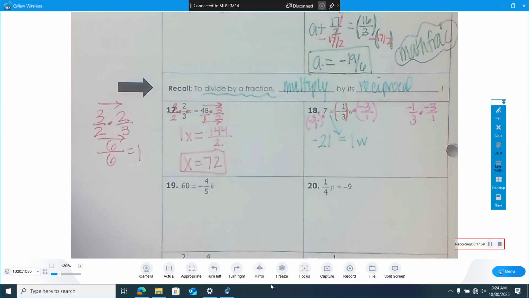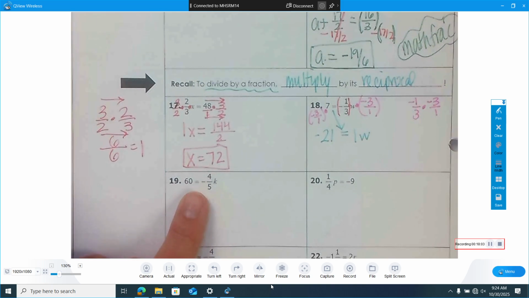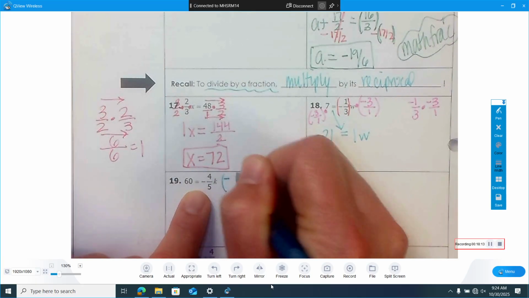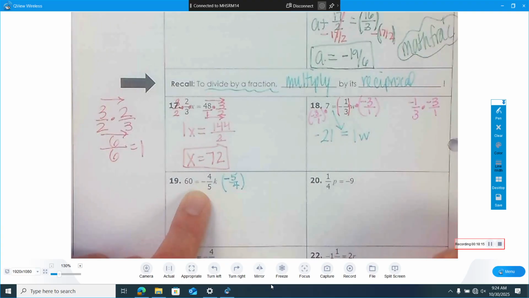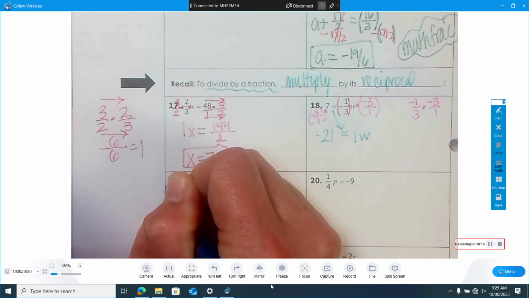Let's try number 19. How are we going to get k by itself? Times by negative 5 over 4. Multiply by the reciprocal on both sides, times by negative 5 over 4.